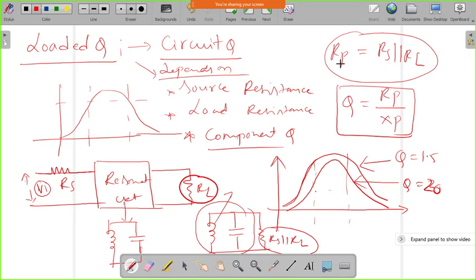Now for a fixed Rp, if I fix the Rp and change either L or C, what will happen?